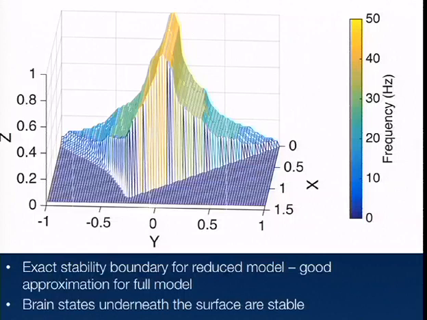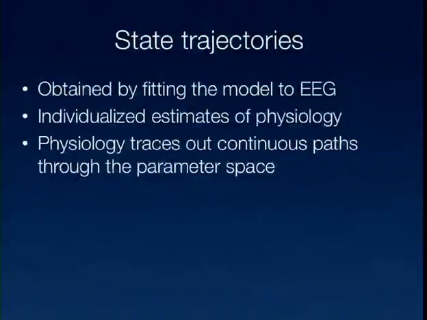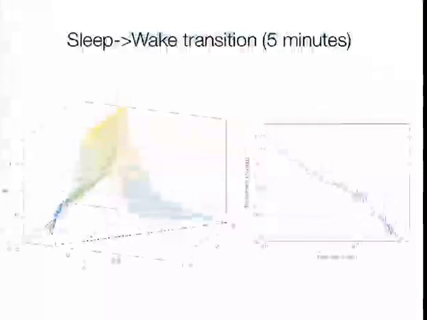So the next question is, how can we compute individualized trajectories for a particular subject that actually give us information about a single person's physiology? We can do this using a new fitting system that we've developed to match the model power spectrum to the EEG, which gives us those individualized estimates, and then we can see the paths that those brain states trace out through the parameter space.